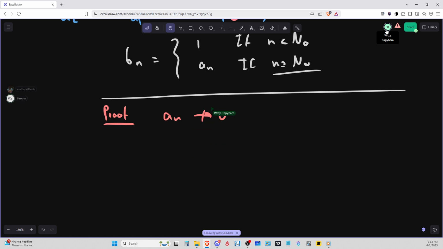So if a_n fails to converge to 0, it means that there is some epsilon for which the condition will fail. Therefore, there should exist an epsilon greater or equal to 0. By the way, that's a good exercise: to write the negation of the statement that a_n is converging to 0. This is what I will write then.